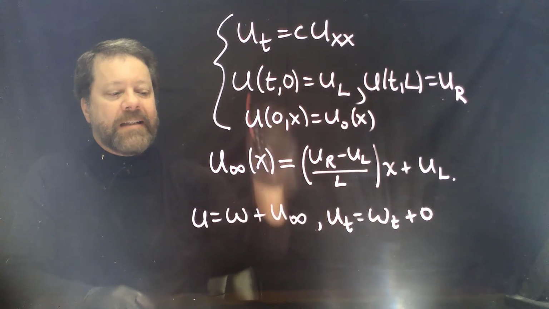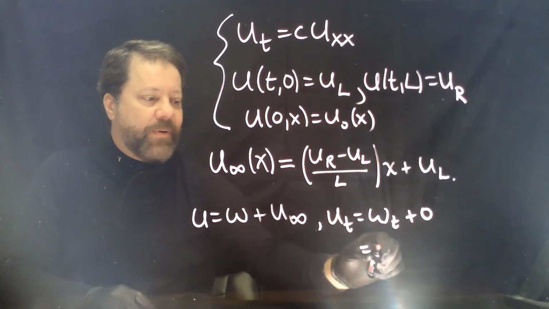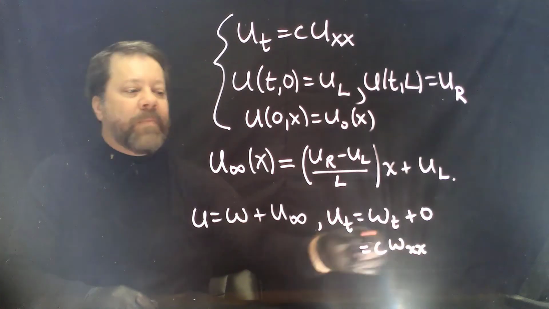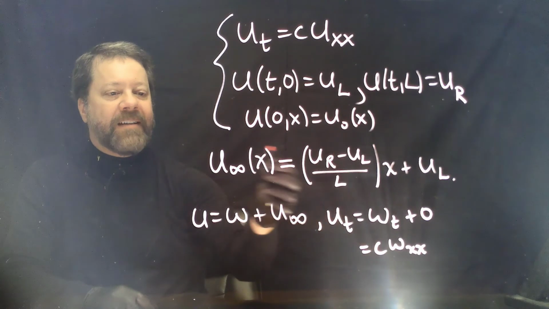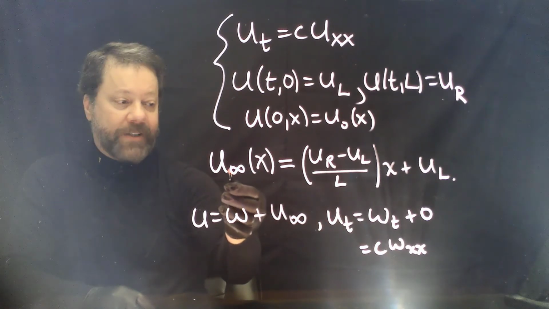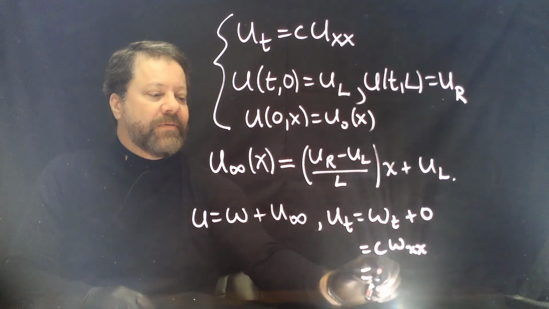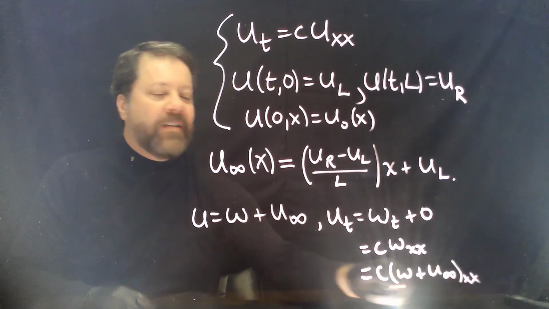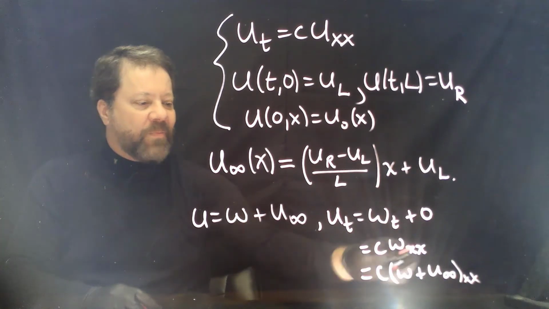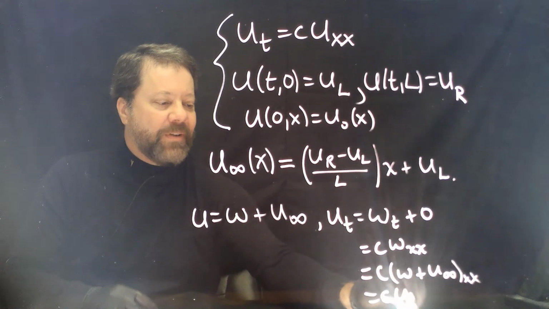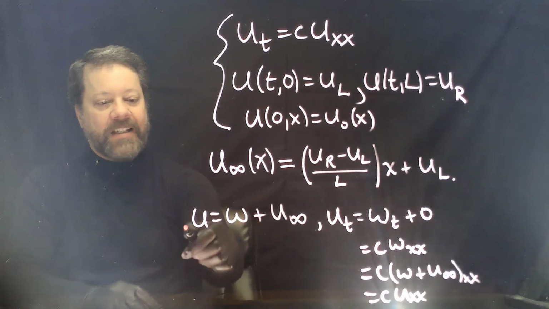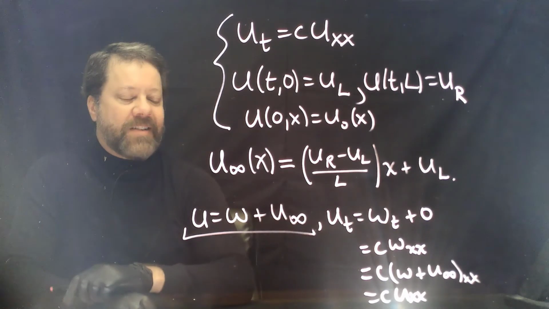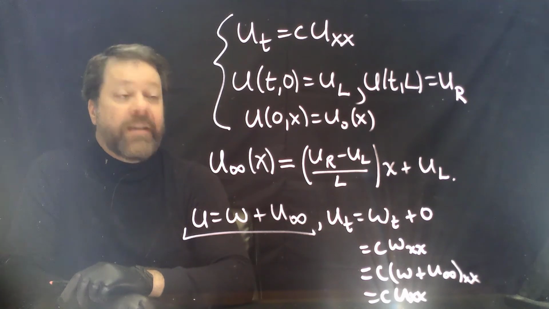But W_t does solve this differential equation, so you get c times W_xx. But remember that the second order derivative of U infinity with respect to x is also 0. And hence, we get c times U_xx. Anytime you take an arbitrary solution with the eventual steady state solution and add them together, you get a solution.